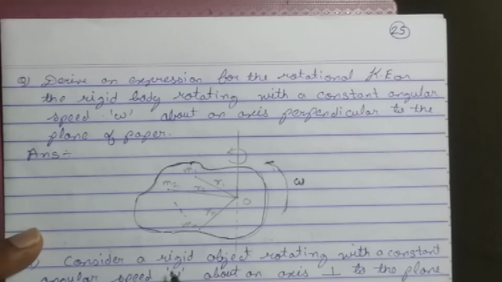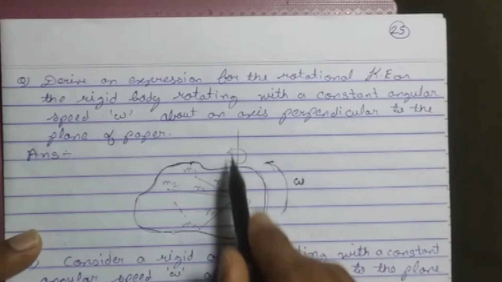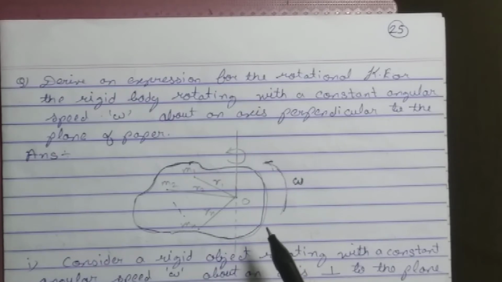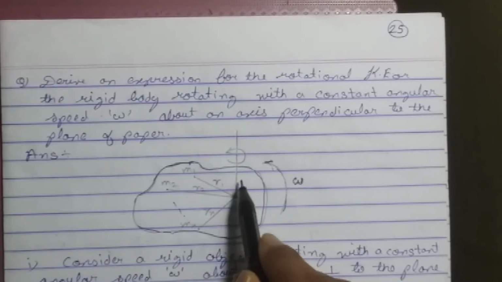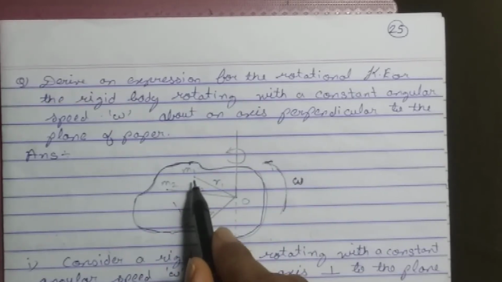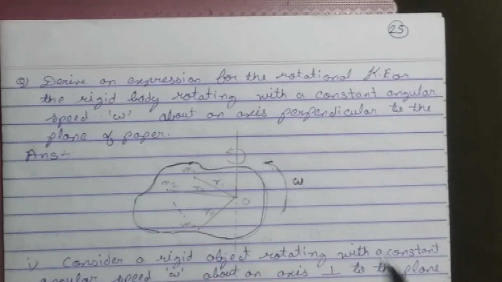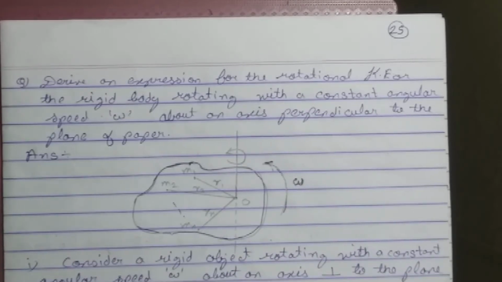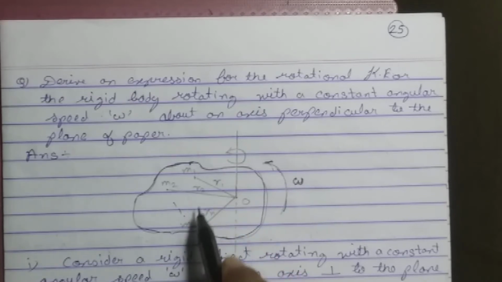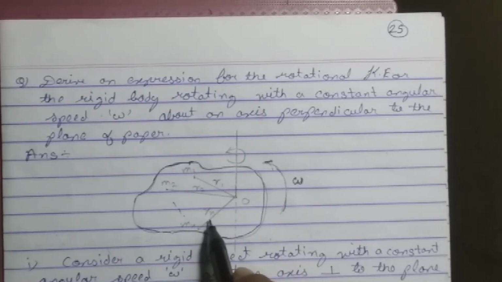Students, now I consider a rigid body rotating with a constant angular velocity omega about its axis passing through the point O. This body consists of n particles of masses m1, m2 up to mn, and the distances of those particles from the axis of rotation are r1, r2 up to rn respectively.